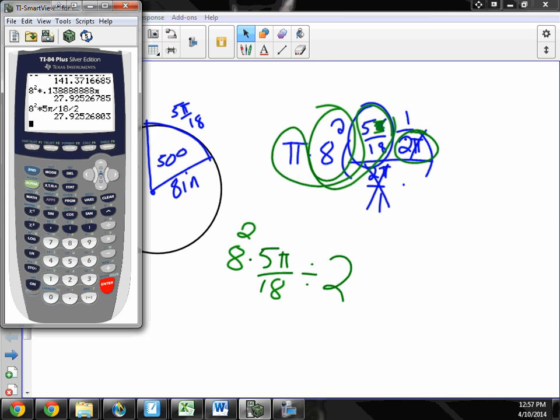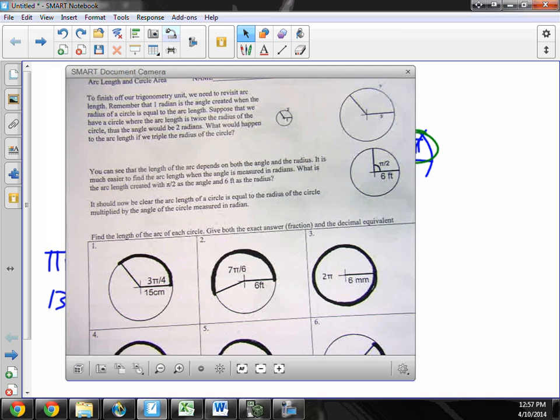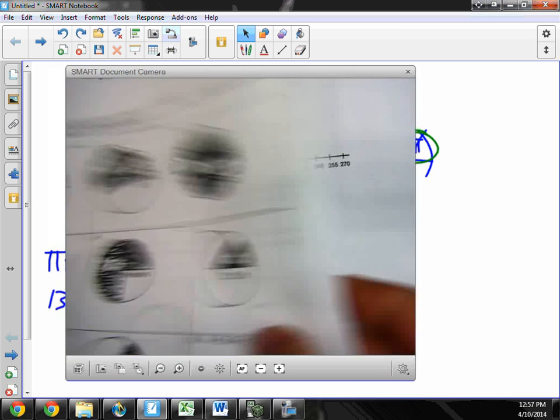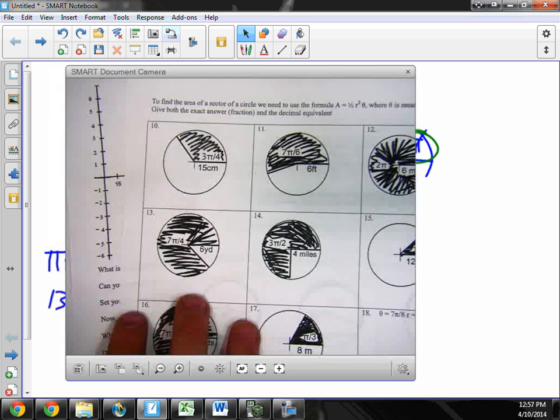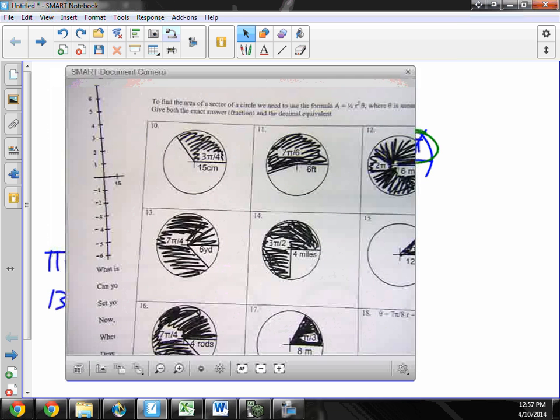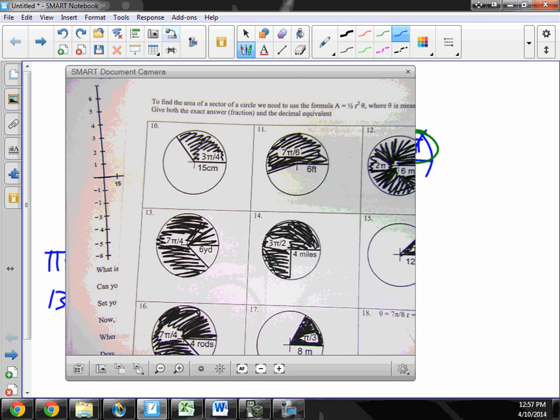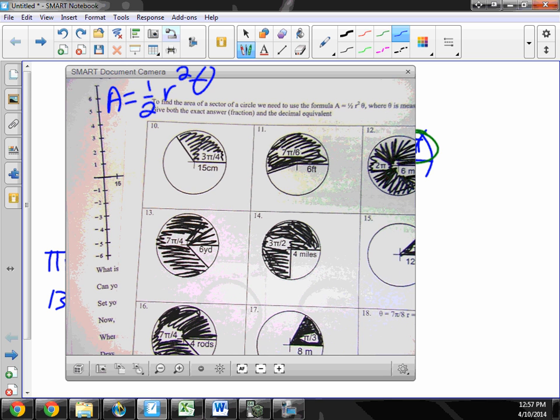If you look at the first problem on the second page, theta is 3 pi over 4 and r is 15, so the area formula is written right there. Area is 1/2 r squared theta, or r squared theta over 2. Same thing.